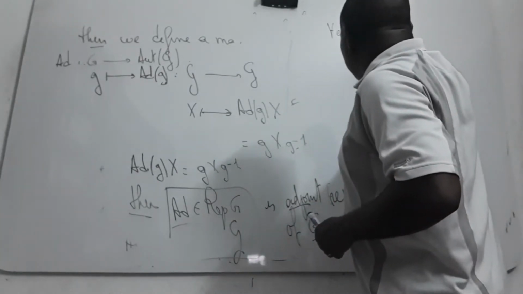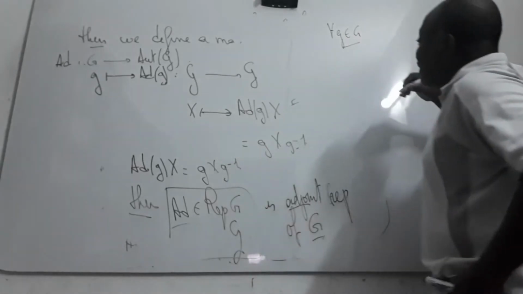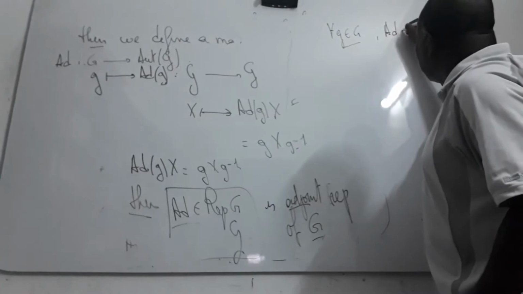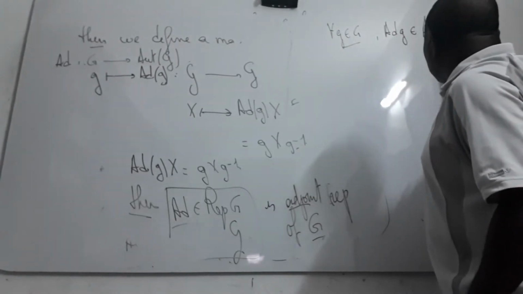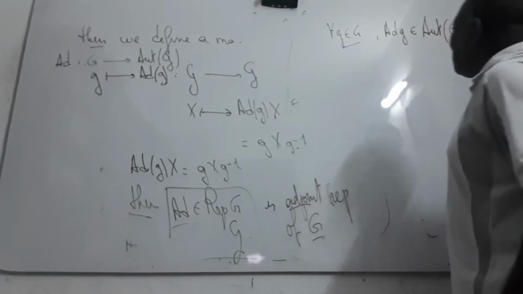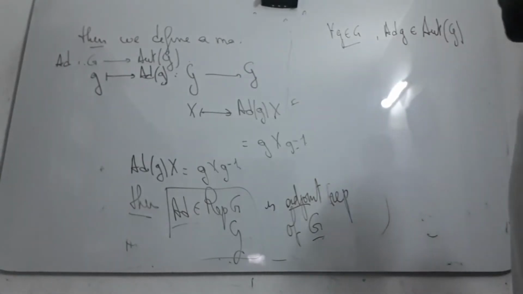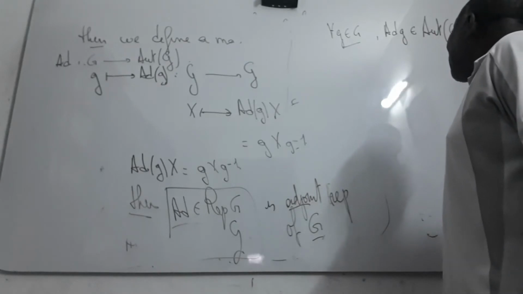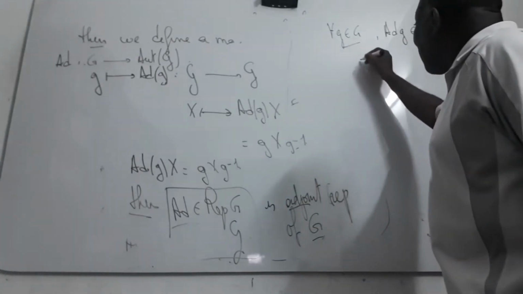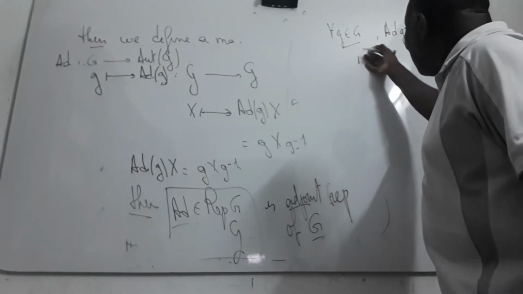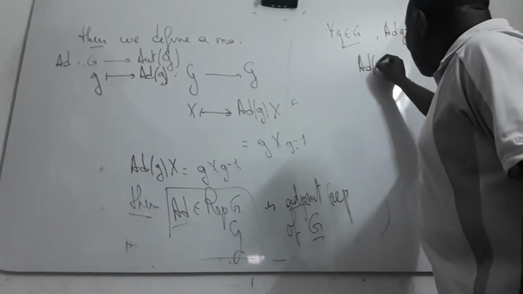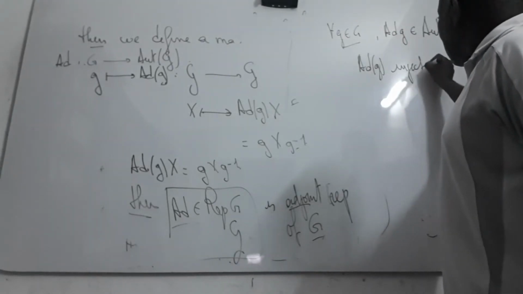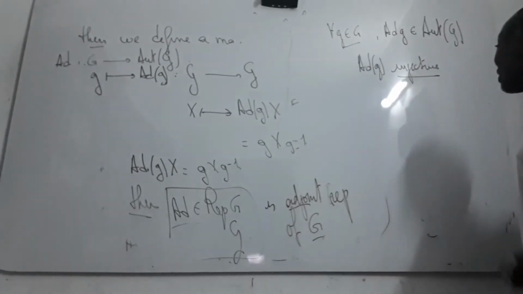For all G here, this map generated by G is an automorphism of this Lie algebra. It is very easy to prove. AD is injective and surjective, so one-to-one and also surjective.